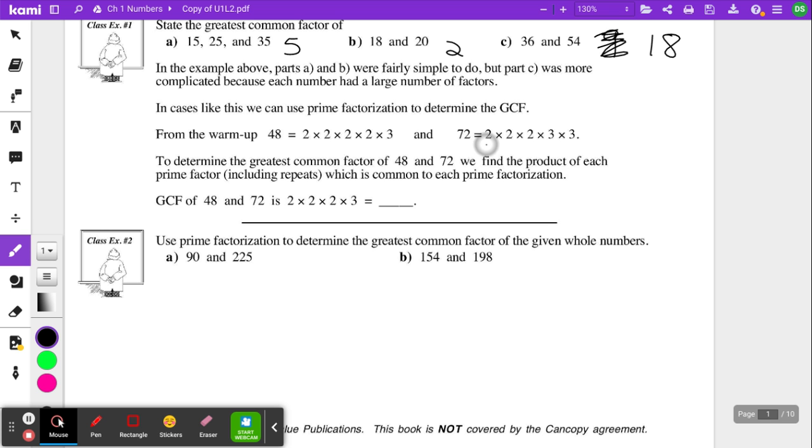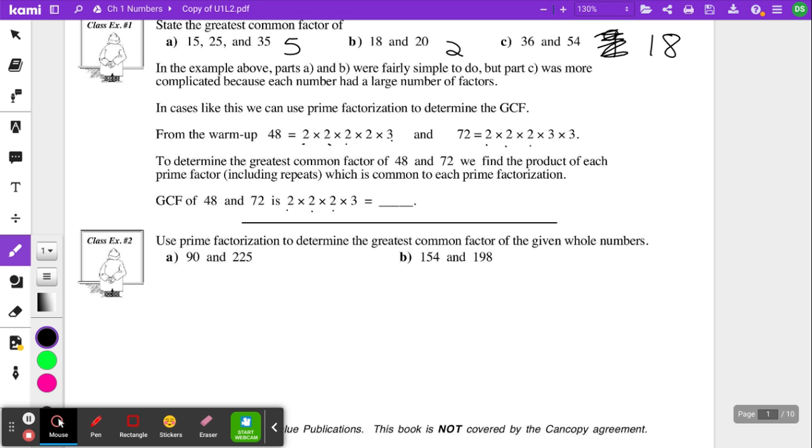I see that the factors of 72 include three 2s. Does 48 also have three 2s? Yes. Write them down. There they are. I don't mean you have to here, but in your method you would write down the three 2s. Now, what other things are common? 1, 2, 3. They each have one 3.